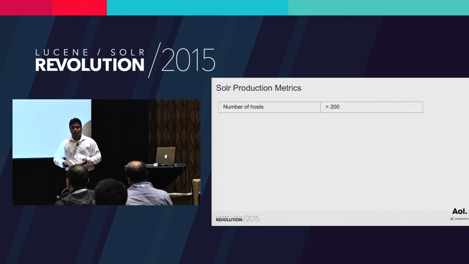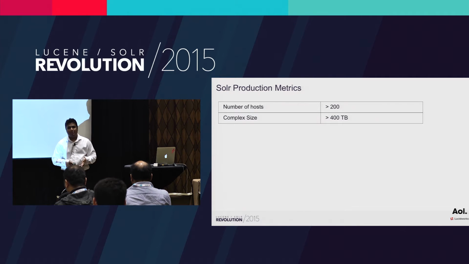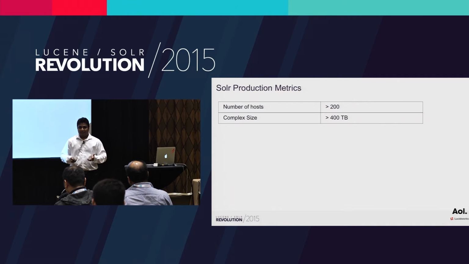A few years ago, with our old multi-core architecture, we used to have about 1,000 physical hosts and more than 6,000 instances running to spread out the load and satisfy the search use cases for our users. Our index size itself is over 400 terabytes, close to that. It's scaled. Every document of a person that comes into our system, we want it available and searchable for them. So that's the size and scope of our problem.